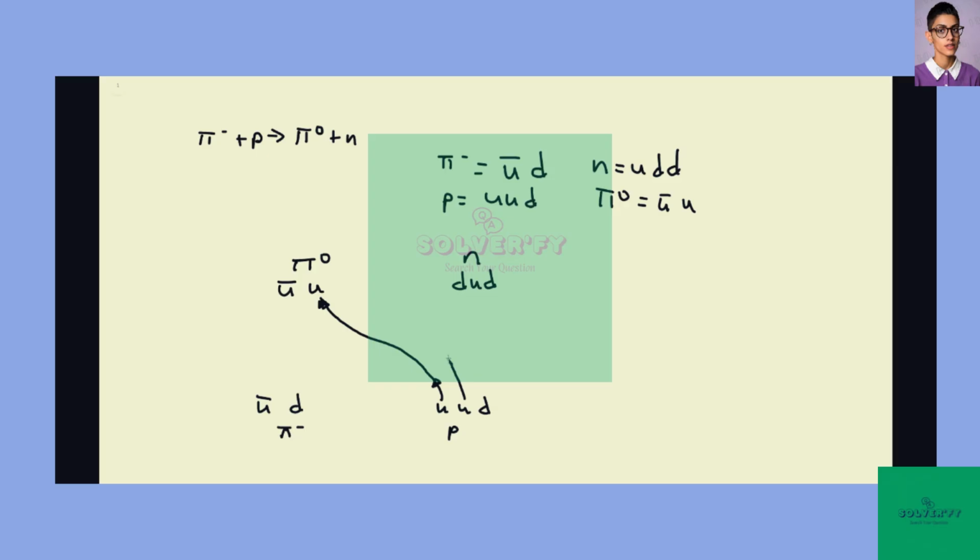Then this up quark goes like this to that up quark, and this down quark goes to this down quark, like that. Now let's look at this guy here. This down quark is going to be this down quark, like that. Now this is an antiparticle, so it's going to go the opposite direction, like this.